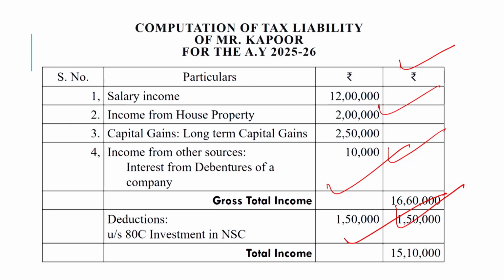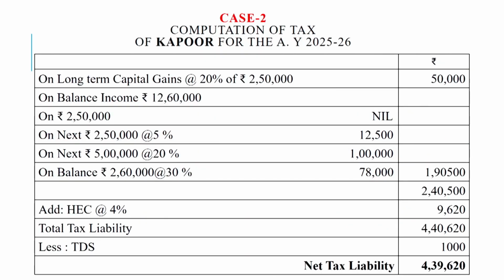Yes. So after computing the total income, this slide represents the computation of tax liability. How is the tax liability computed under the old tax regime? First, on long-term capital gain at the rate of 20%. 20% of 2,50,000 is 50,000.